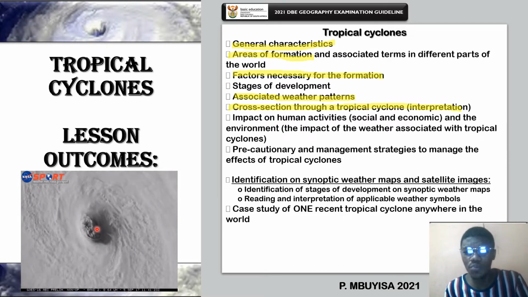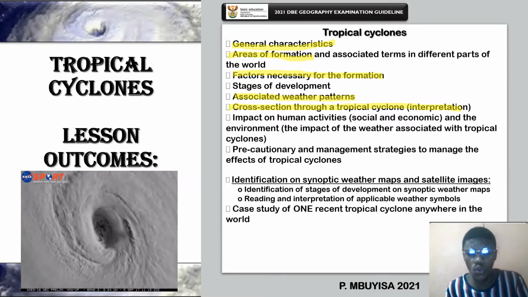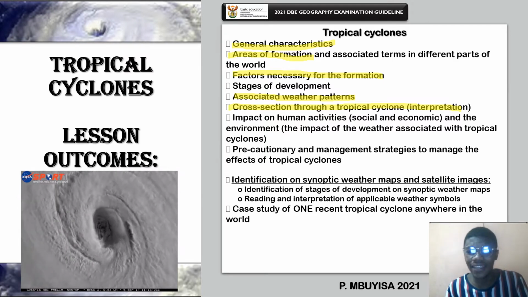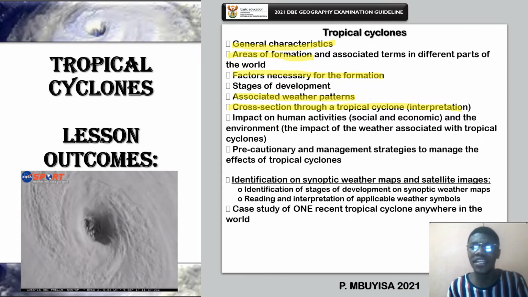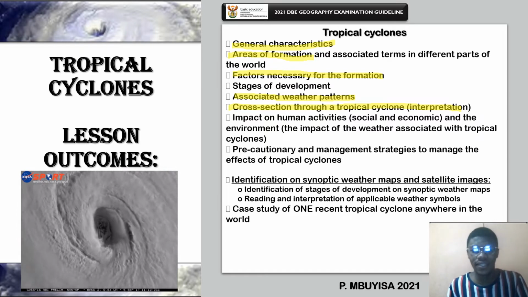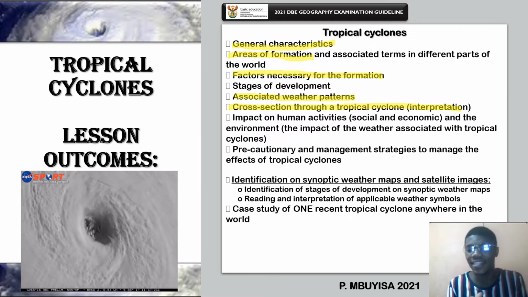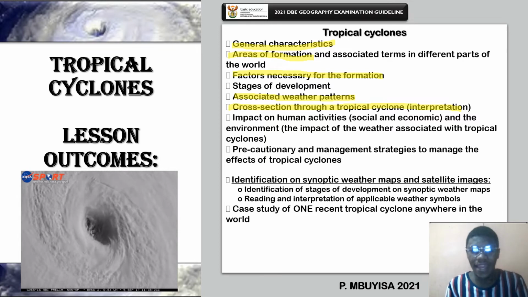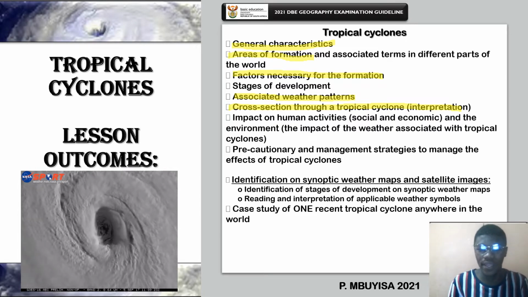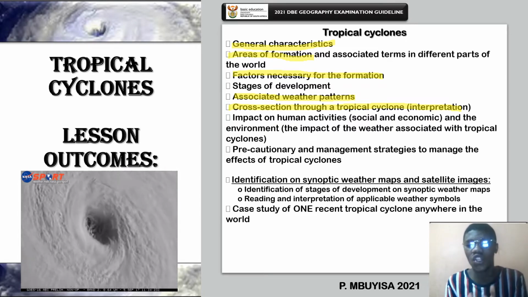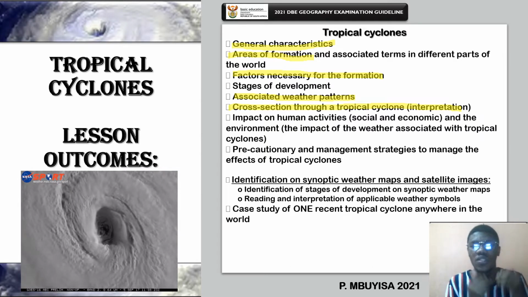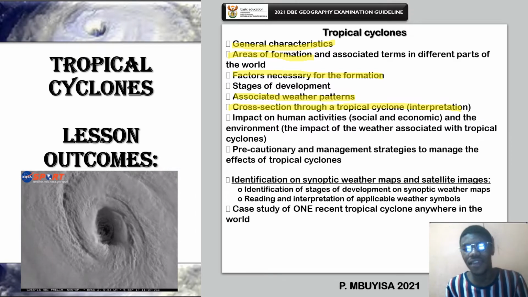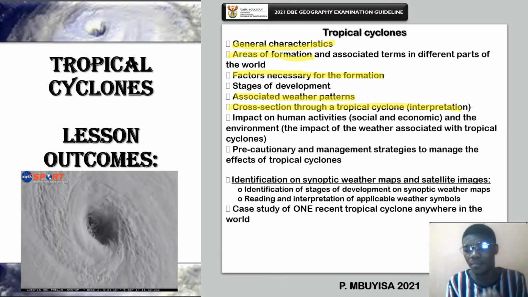Now, the next point says we need to also know the factors necessary for their formation. So what ingredients are necessary for tropical cyclones to form? Now, I like to describe it this way. Think of your tropical cyclone, your mid-latitude cyclone, and your other systems that we study in geography as a recipe of some sort.